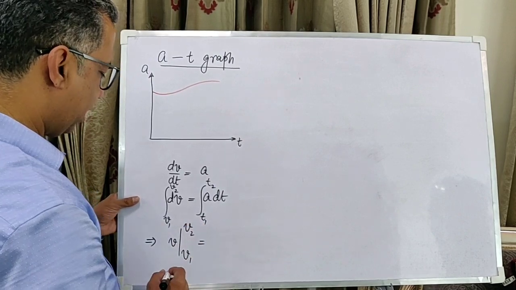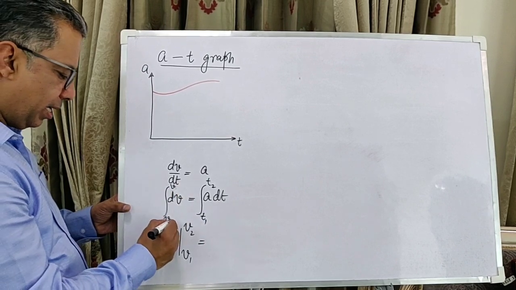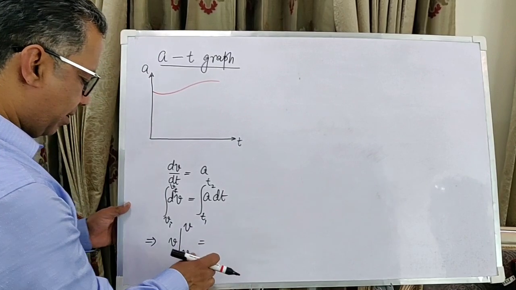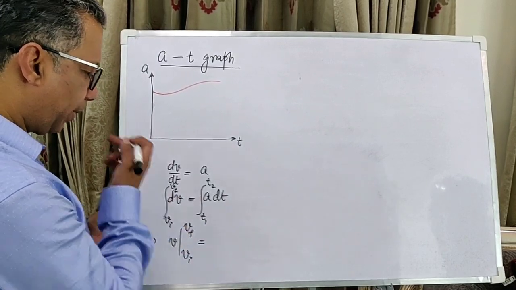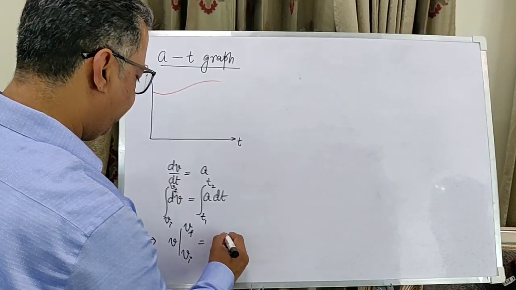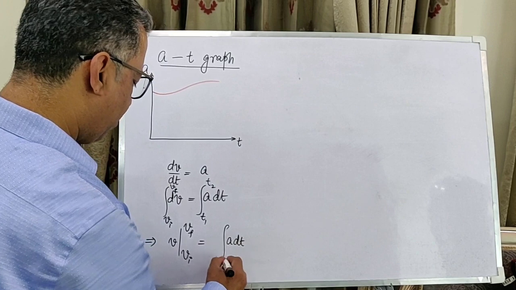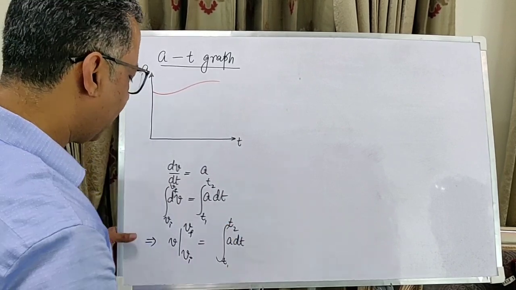Or we might as well say vi initial and vf final. That kind of keeps it more meaningful. Initial, final. And on the right hand side, we have the integral of a dt from the initial point of time t1 to the final point of time t2.